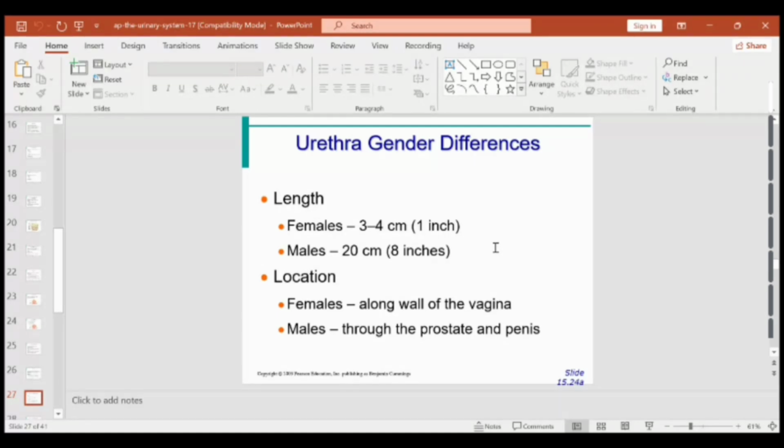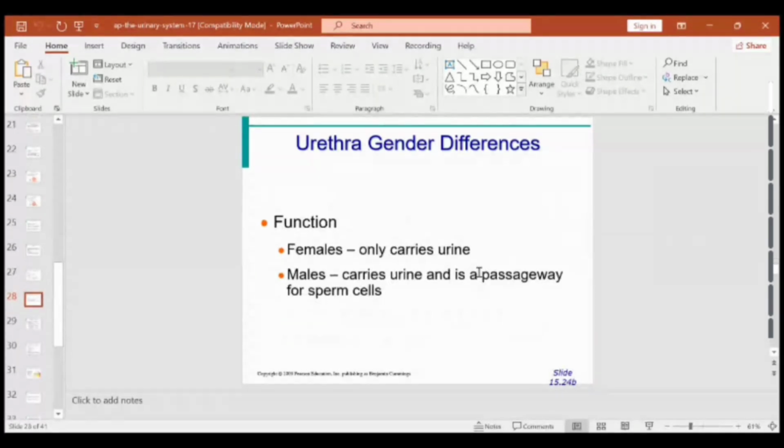But in males, it goes all the way through the shaft of the penis, about 8 inches. In males, it's located within the shaft of the penis, and in females, along the anterior vaginal wall. So locating the urethra in females requires some skills that you learn with time in mastering catheterization.